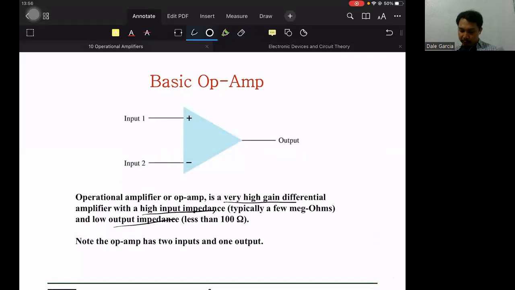If natay gusto ibutang ka input 1 na signal, pero i-draw na to sa inganing klase nga signal, dapat dito lagi po siya ibutang. Okay. So, input 1, input 2.